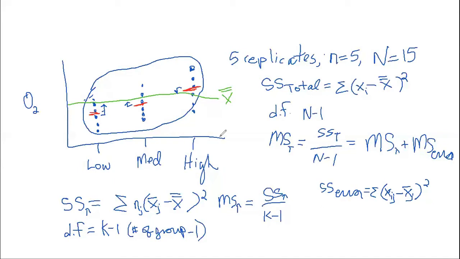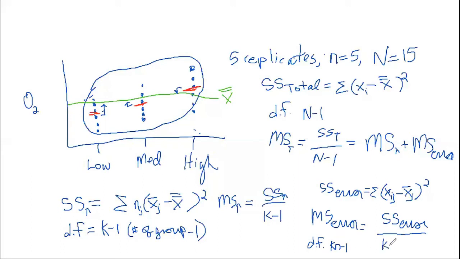The mean square error is going to be equal to the sums of square error over the degrees of freedom. Degrees of freedom now are going to be k little n minus 1. So little n is the number of replicates. This is the number of groups minus 1.